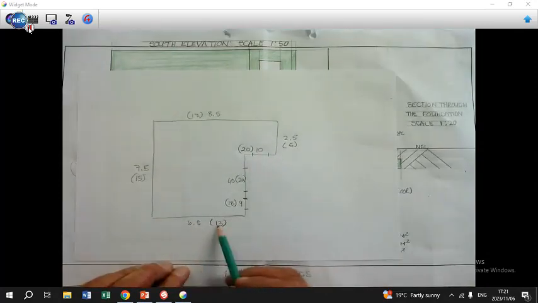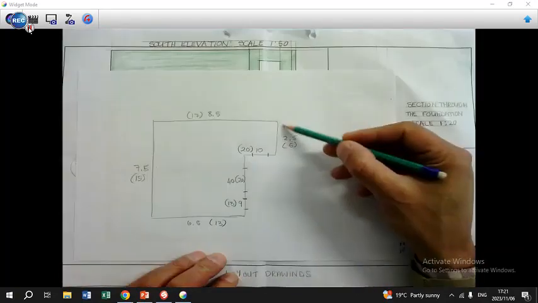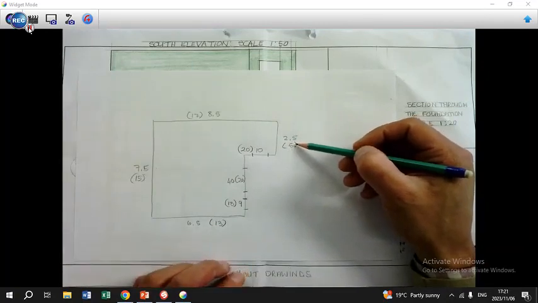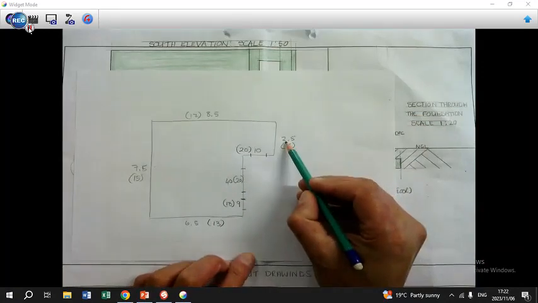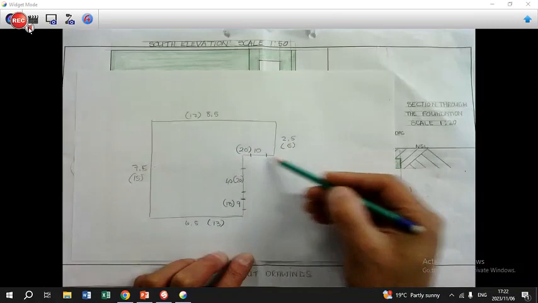This length here is 130 millimeters or 13 centimeters, divided by 2 gives you 6.5. Here you will have a length of 5 blocks, which is 50 millimeters or 5 centimeters, divided by 2 gives you 2.5. And of course, if you draw that diagram, this will link up with that and this will link up with this here.